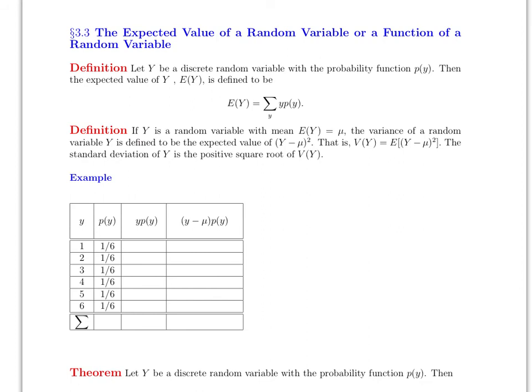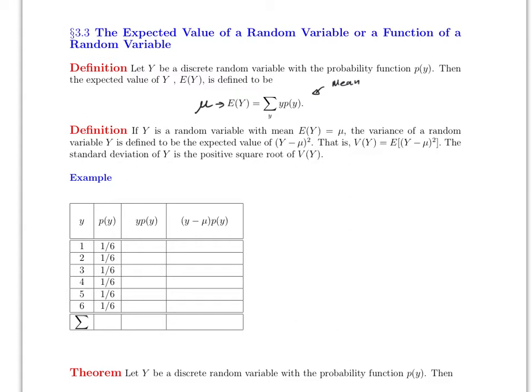Okay, now let's go to section 3.3, which is the expected value of a random variable, or the expected value of a function of a random variable. Every random variable has an expected value, and for a discrete random variable, the expected value is defined as this. Expected value of the random variable, which technically you can also say is the mean, is usually denoted by mu.